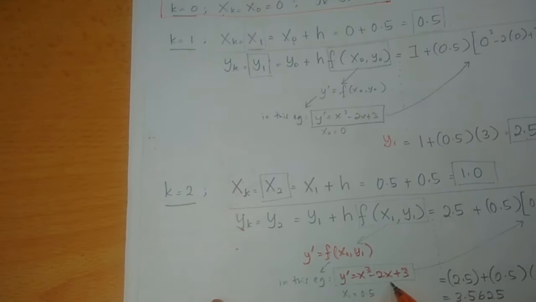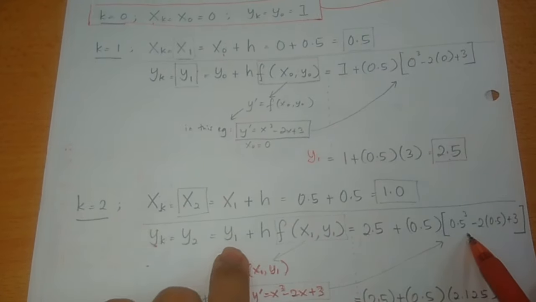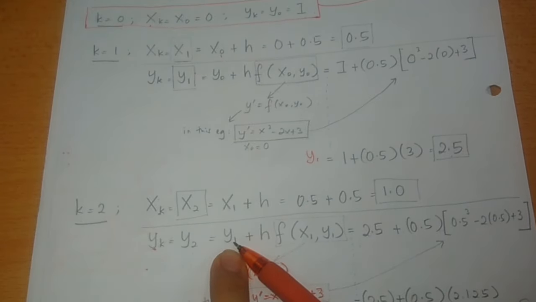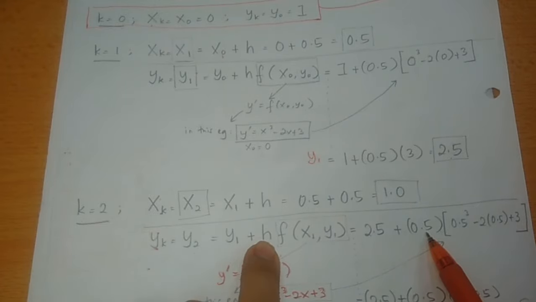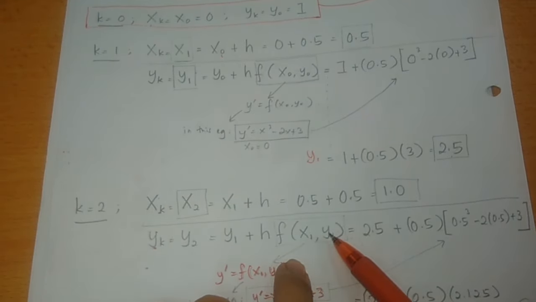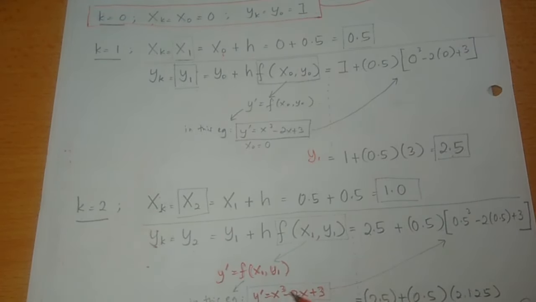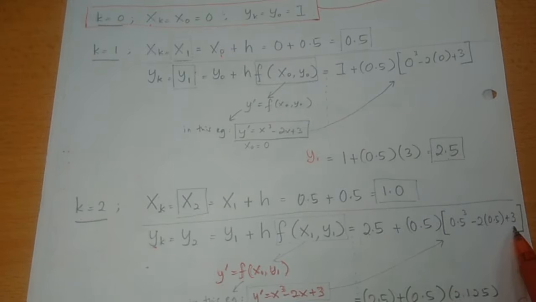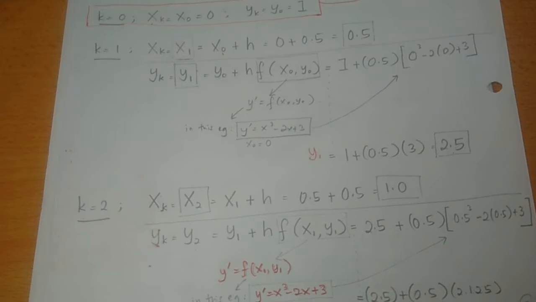So to get y2, that is equivalent to y1, which is 2.5, plus h, which is 0.5, times this function f(x1, y1) coming from the example that we have here. Take the whole part and substitute the value of 0.5 in here. When you solve all this, you will obtain 3.5625.